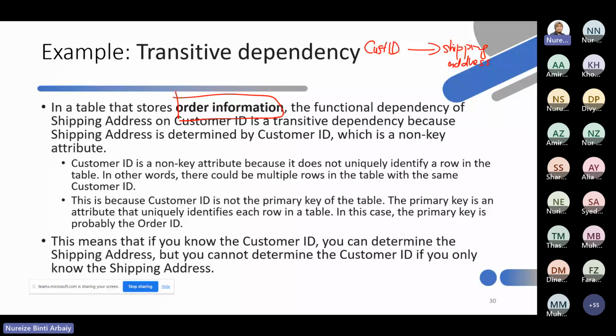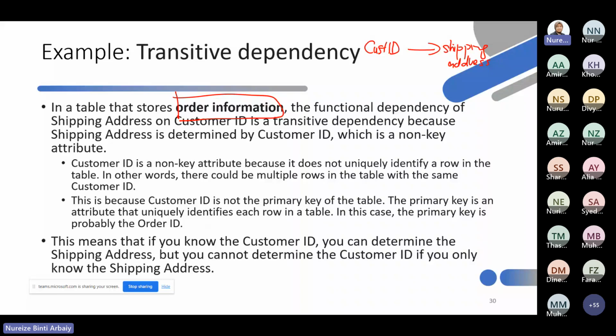Customer ID is the customer profile, but shipping has something to do with the order, not the customer ID. Customer is related to the order, but shipping address is closer to the order than to the customer itself. So it depends on the order information, not the customer information.